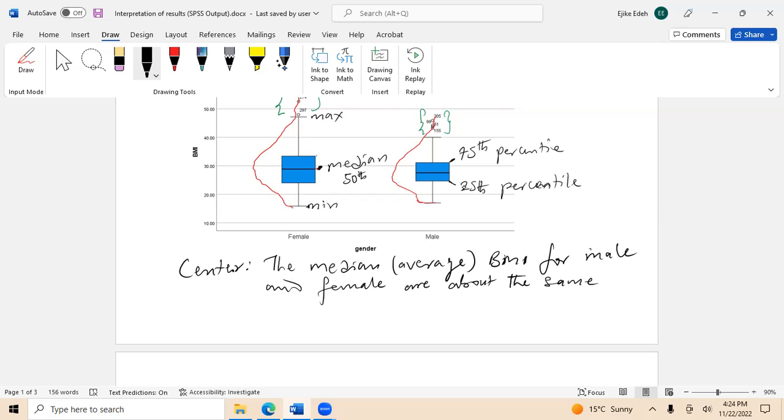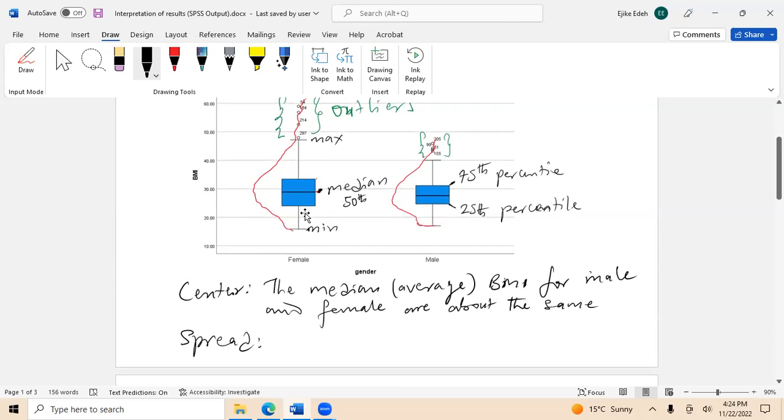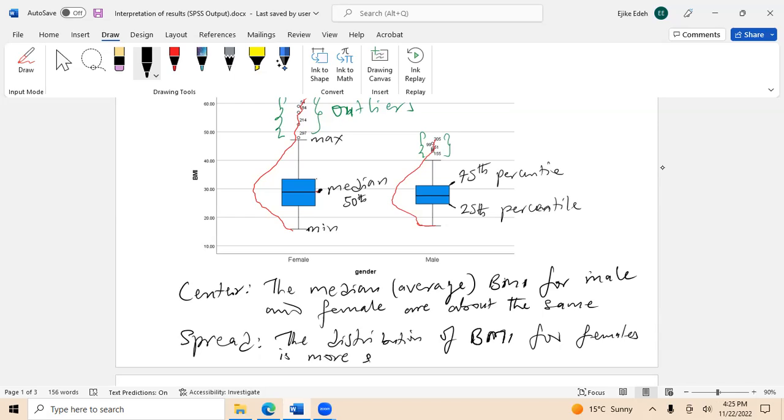And in terms of spread, we could say that the distribution of BMI for females is more spread out than that of males.